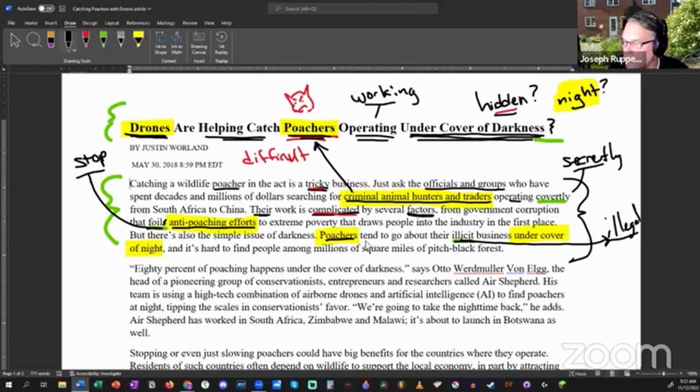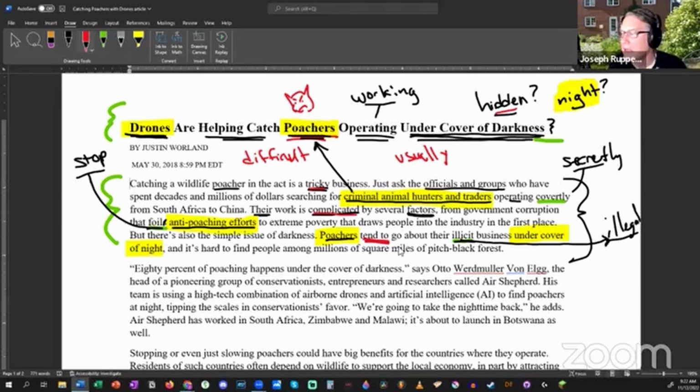So they tend to, usually tend to here is just, they usually do this thing. So they usually go about their illegal business at night. That's it. So this is just setting up the problem of the poachers. We've got these poachers. They're difficult to stop.